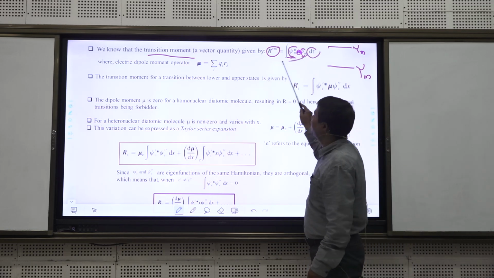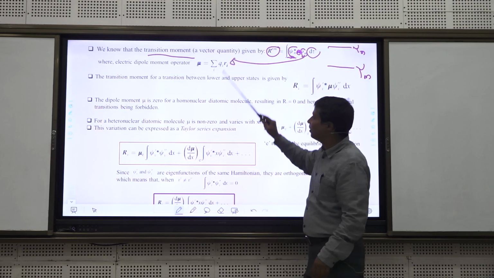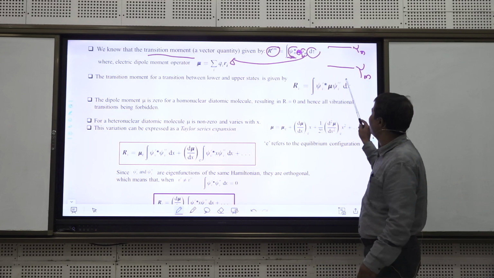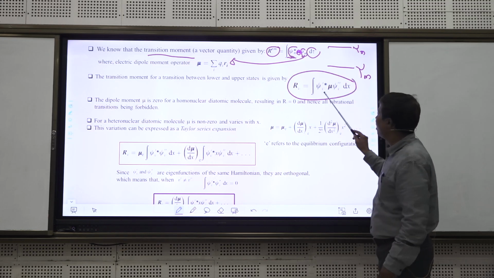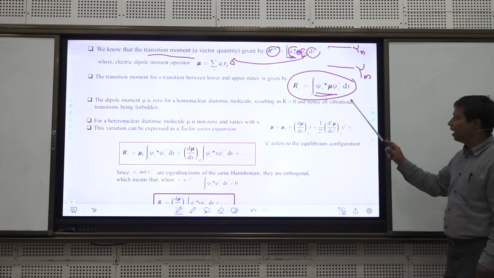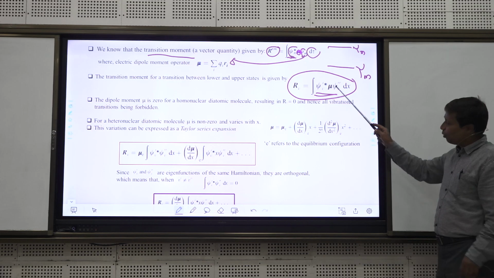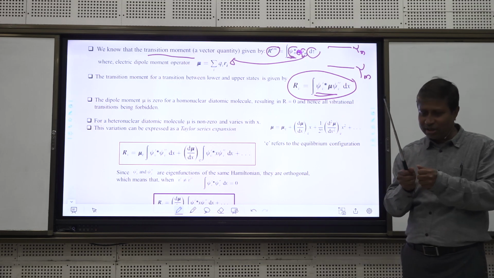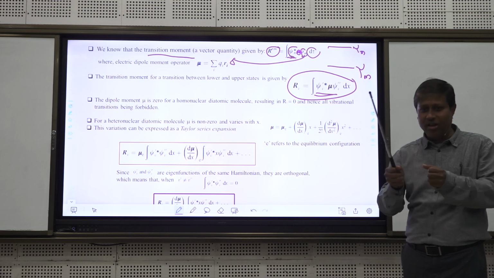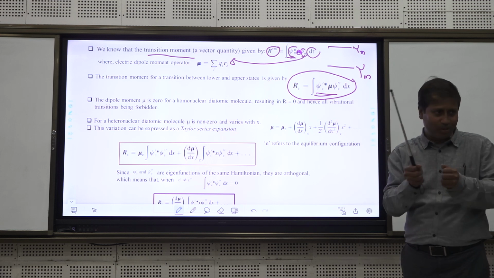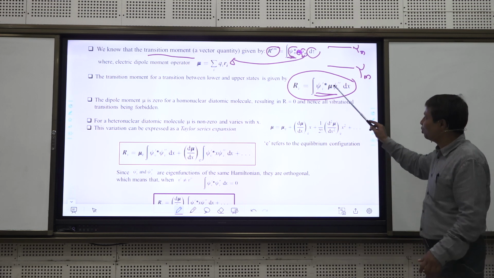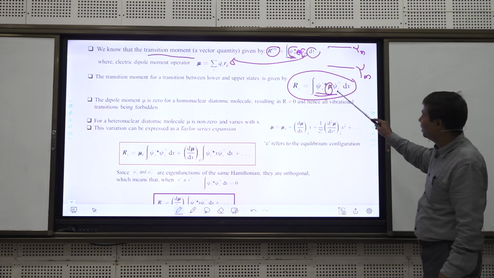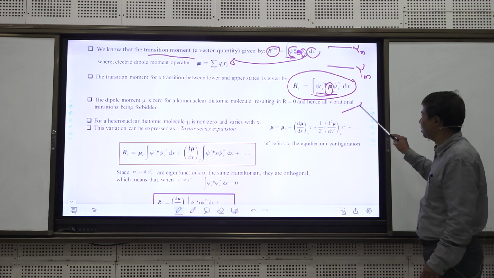You already know the dipole moment vector. Now, since this is vibrational spectroscopy, we have to think how the dipole moment changes with the stretching or compression process.